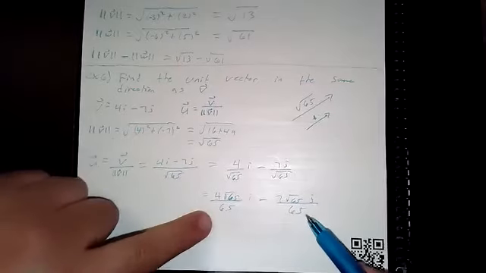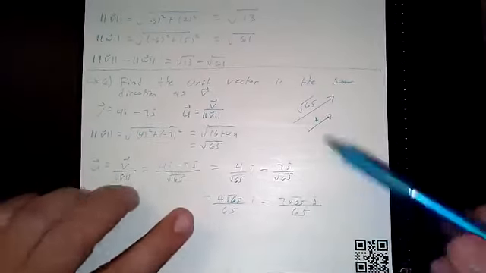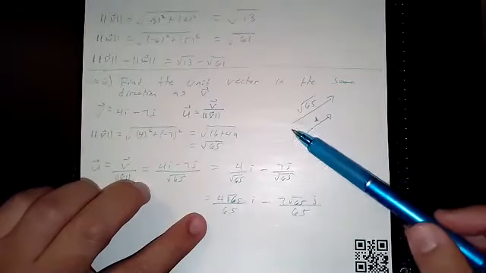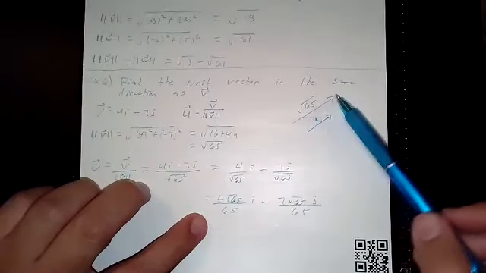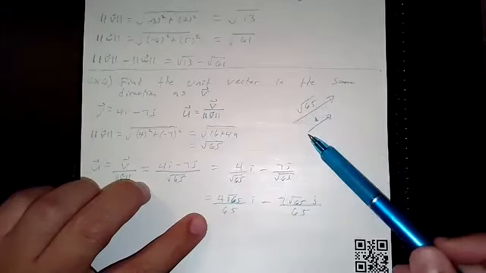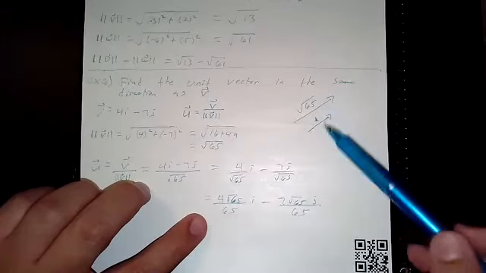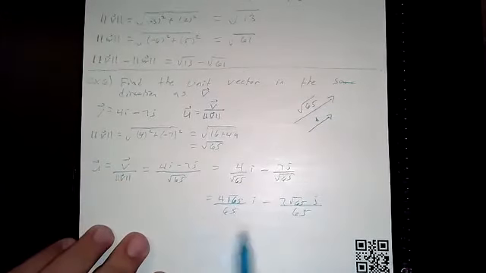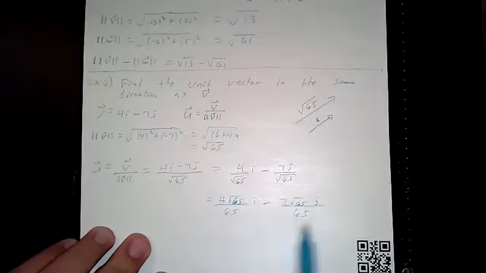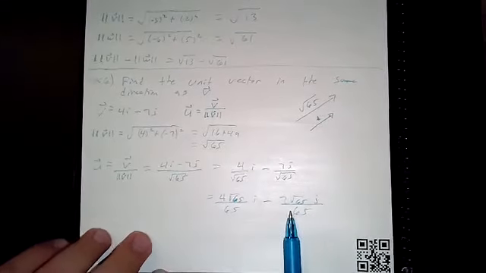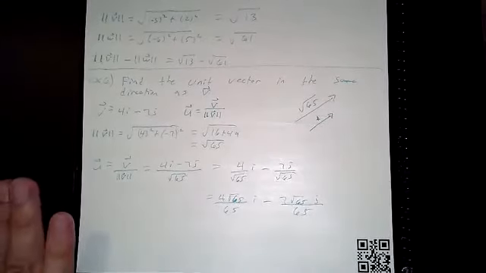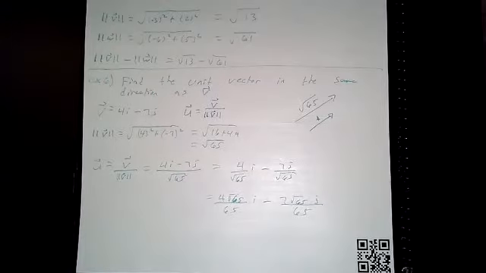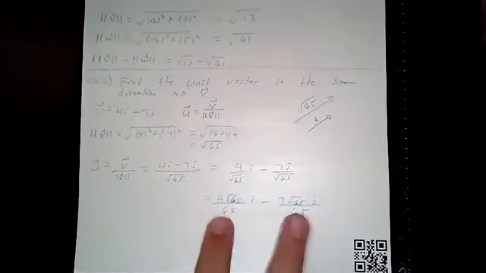So this would be the unit vector. If you were to graph these, you'd have one that is longer, and then you have a unit version of this. So this would be the unit vector. And when I say unit vector, I mean that the magnitude of this vector will be 1.